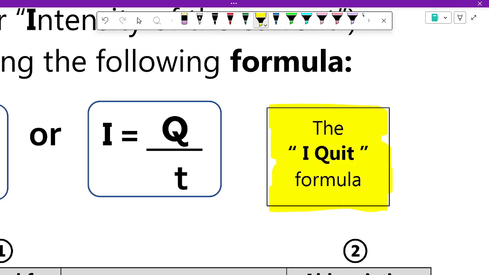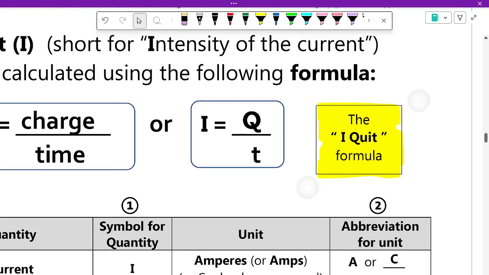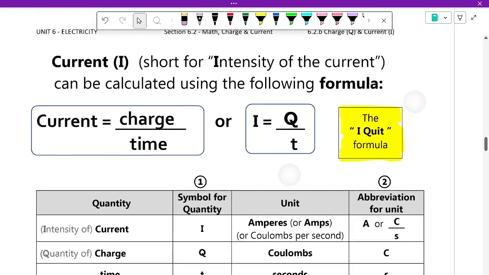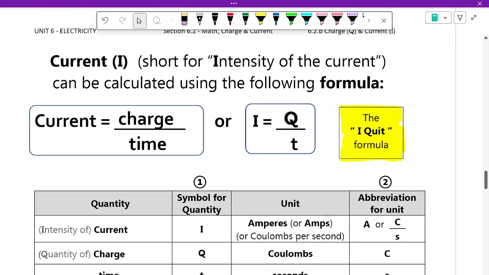I equals Q over T. And so if we go through all of these, that means that current, which is I, is equal to the charge, which is Q, over the time, and we've already done time, so I haven't spent any time on that, is T.